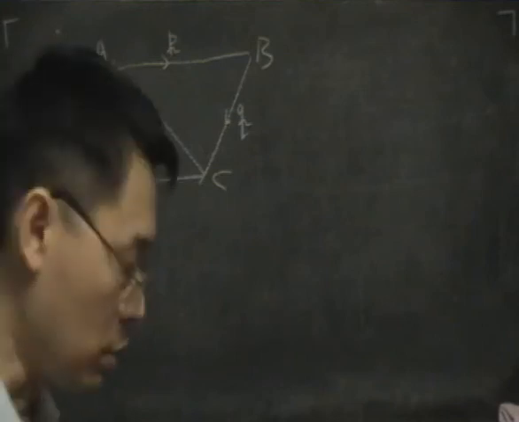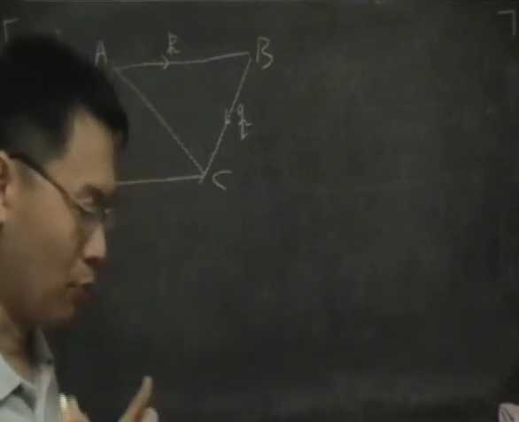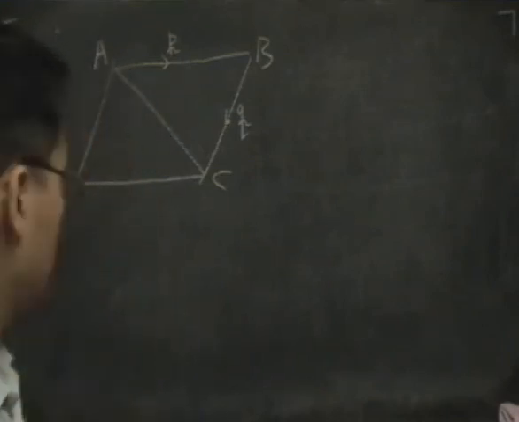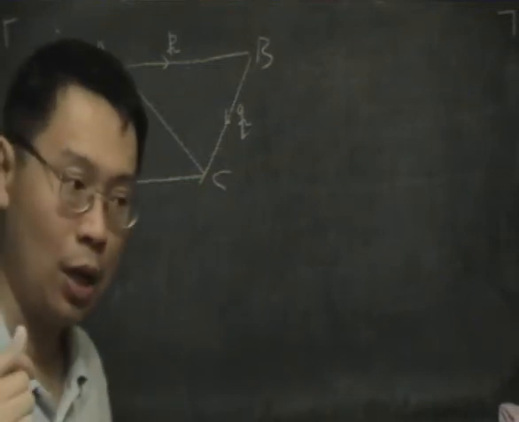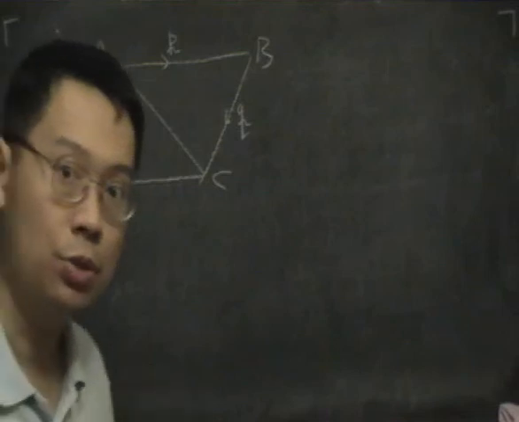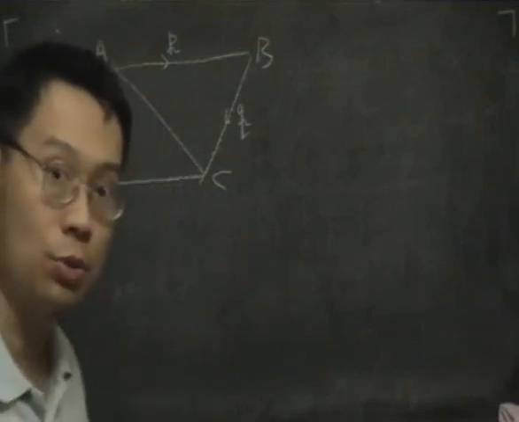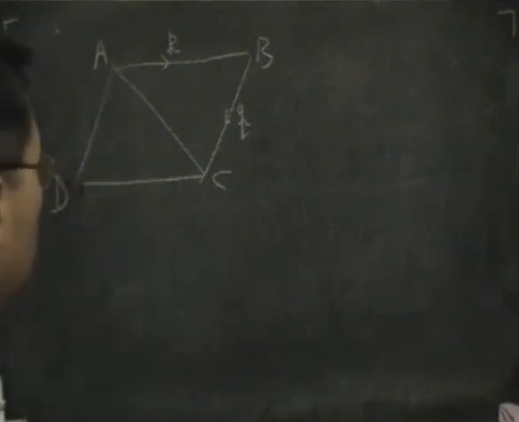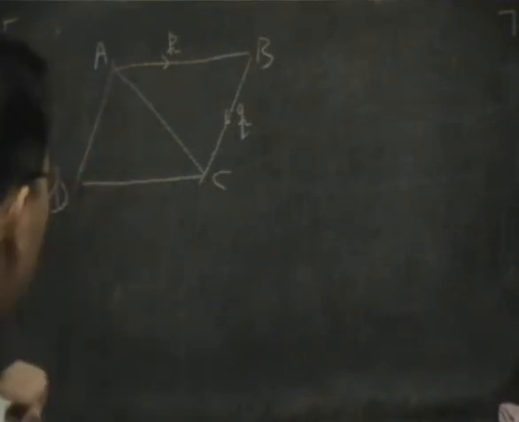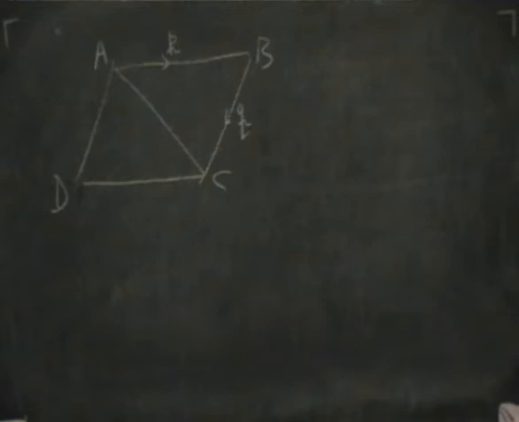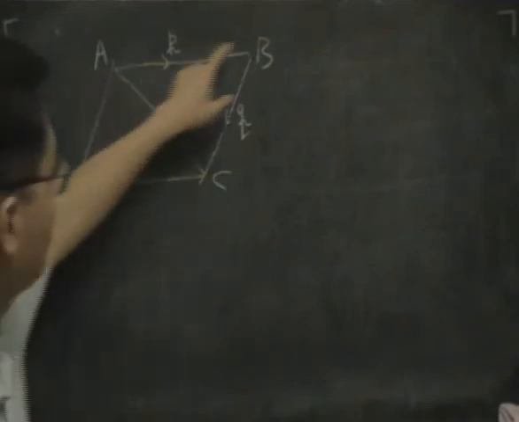Right, a lot of things about vectors is about how to get used to notations and how to use these notations to do some mathematics. Now let's start with this example. In this example, we have a parallelogram.